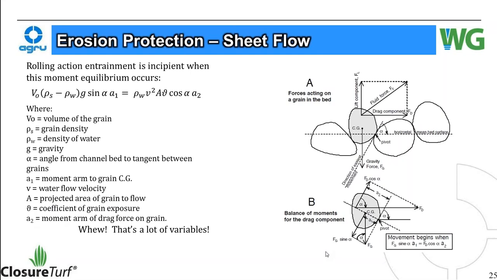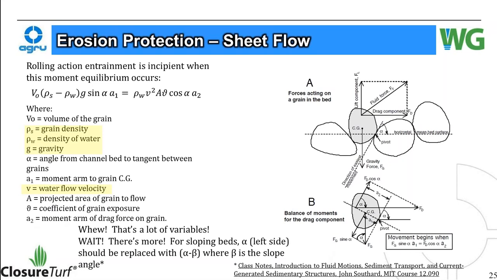Yeah, that's a lot of variables. And then these highlighted ones are the only ones you can really know for sure. The rest you have to estimate based on grain size distributions and roughness coefficients of grain particles themselves, etc. And then there's more.